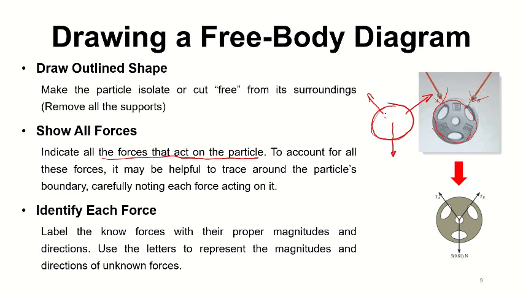Since we consider this as a particle, these three forces should meet at one point. So all these forces should meet here. Then the third step is to label the known forces with their proper magnitudes and directions. Use letters to represent the magnitudes and directions of unknown forces.